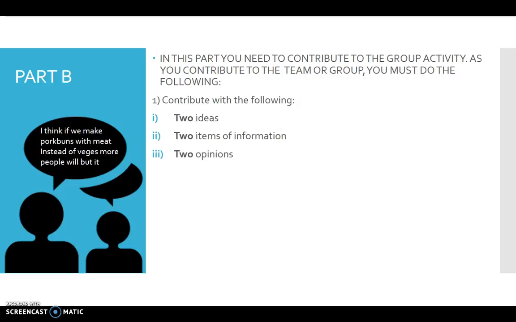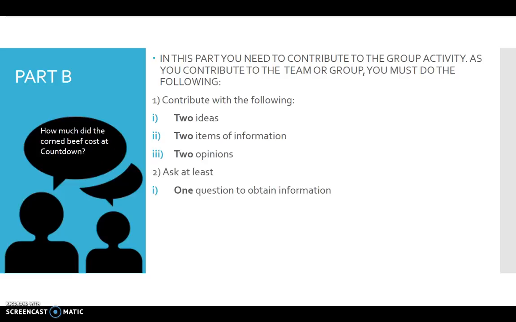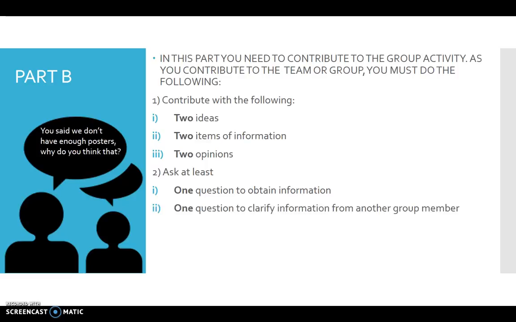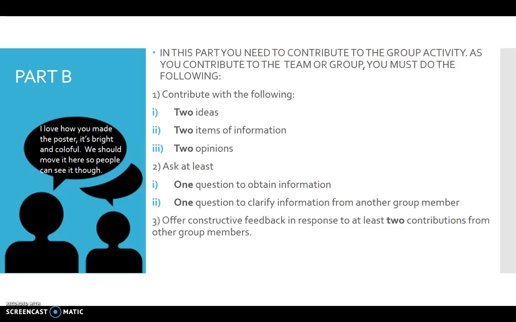You need to provide two opinions. At least ask one question to obtain information, one question to clarify information from another group member, and thirdly, you need to offer constructive feedback in response to at least two contributions from other group team members.